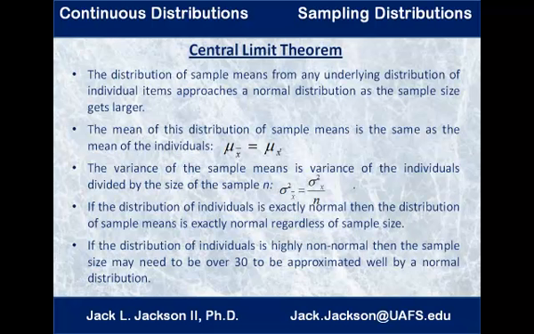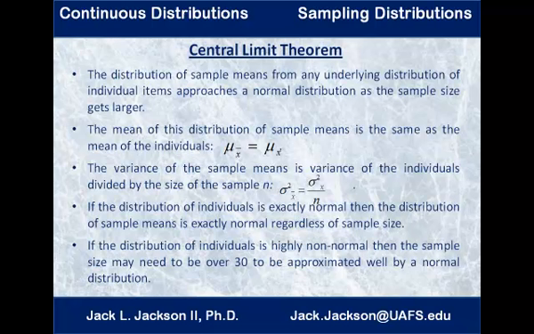If you do 2, it's a normal with the same mean but a smaller variance, the old variance divided by 2. Variance of individuals divided by 2 will be the variance of the distribution of x bars for a sample size of 2.